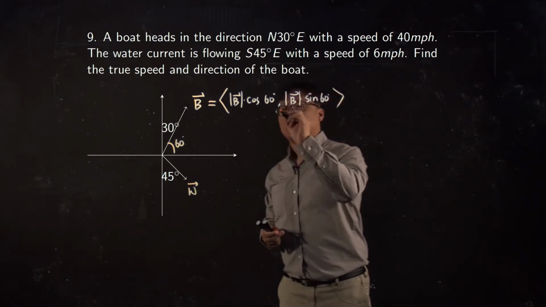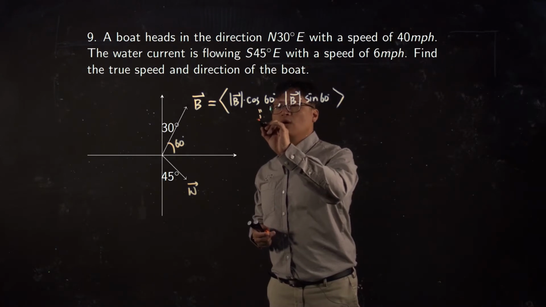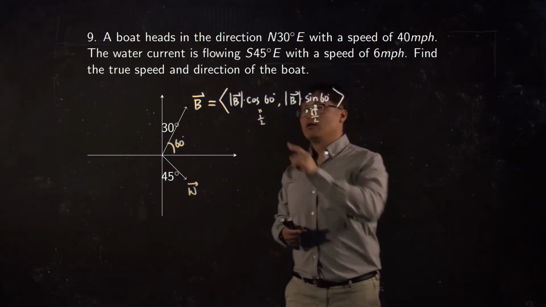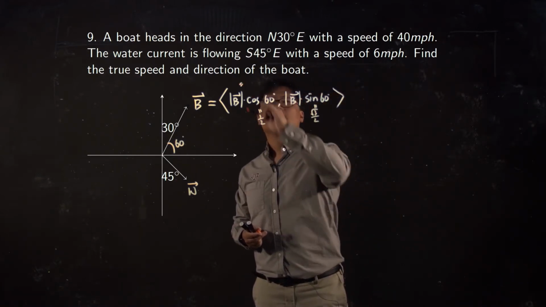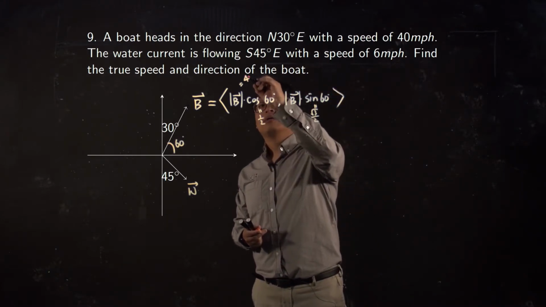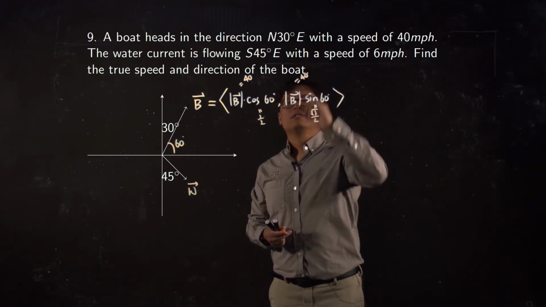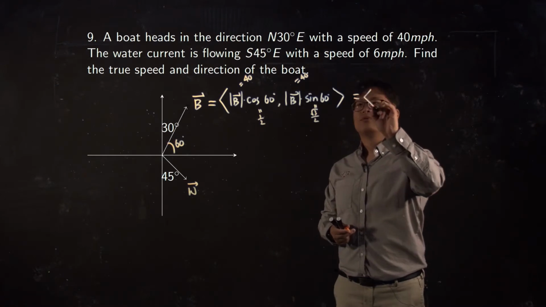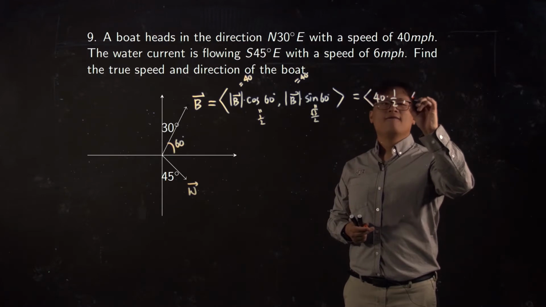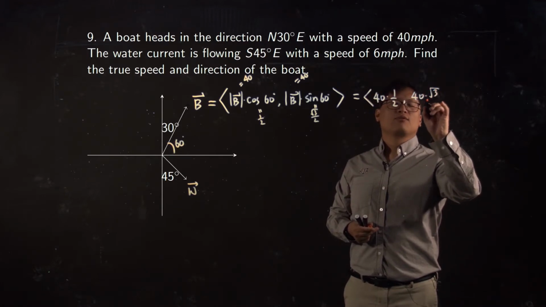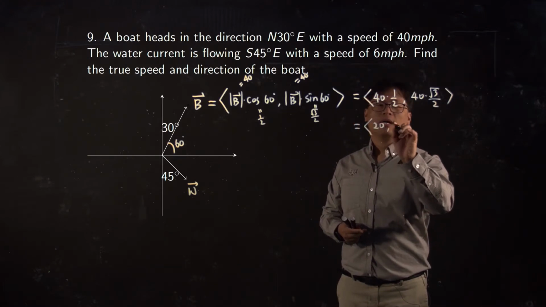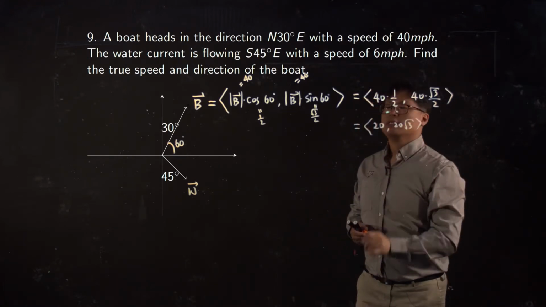We know the cosine and sine values of 60, which are 1/2 and square root 3 over 2, right? The length of B is given, which is the speed of the boat. It is 40 miles per hour. Is that okay? So that is equal to 40 times 1/2 and 40 times square root 3 over 2, which is 20, 20 square root 3, okay?